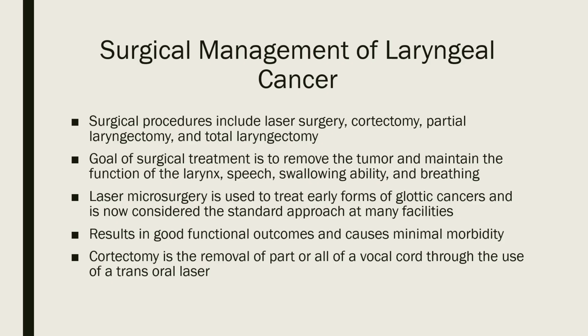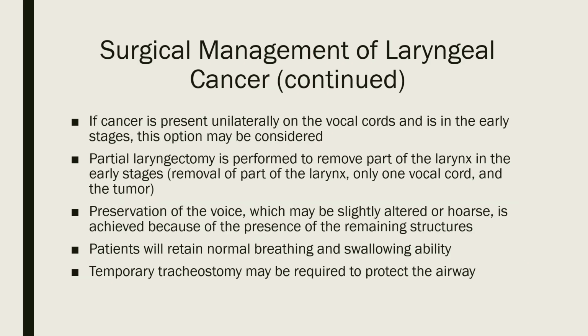Cordectomy is the removal of part or all of a vocal cord through the use of a transoral laser. If cancer is present unilaterally on the vocal cords and is in the early stages, this option may be considered.